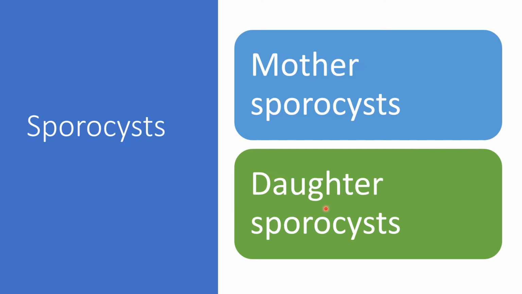And there they will undergo more growth and development. In about 1 month, they are going to release hundreds of another larva called cercariae. And that will be released into the environment under the influence of sunlight.